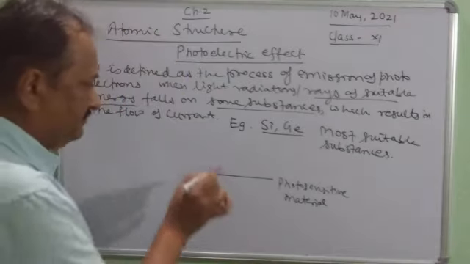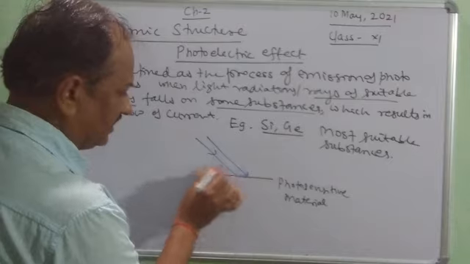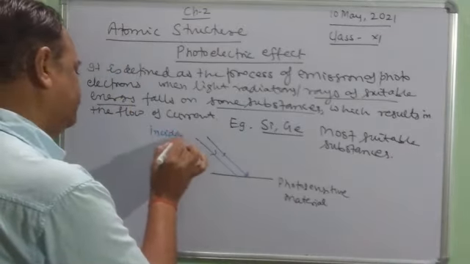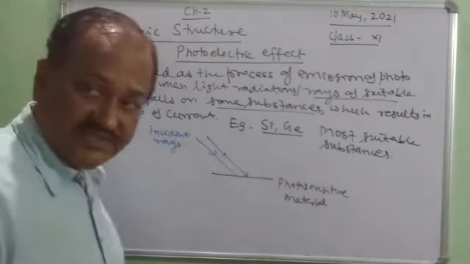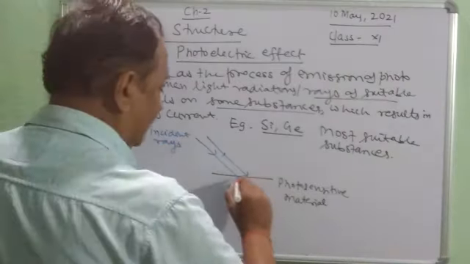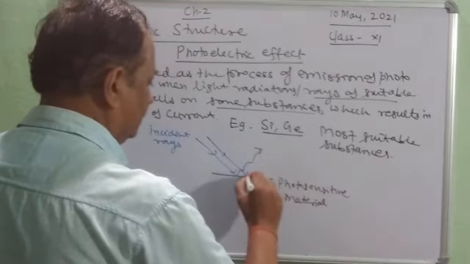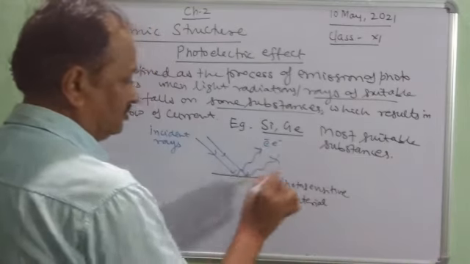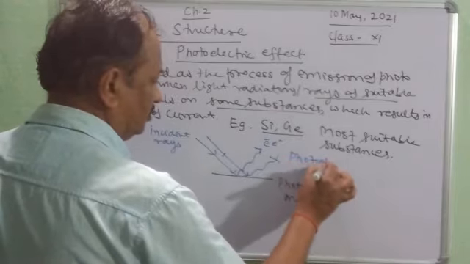So here these are the incident rays on the surface, and as a result of this, there are the photoelectrons. These electrons are called photoelectrons.